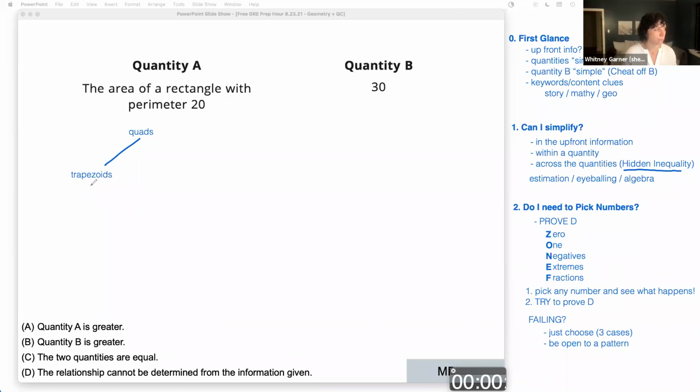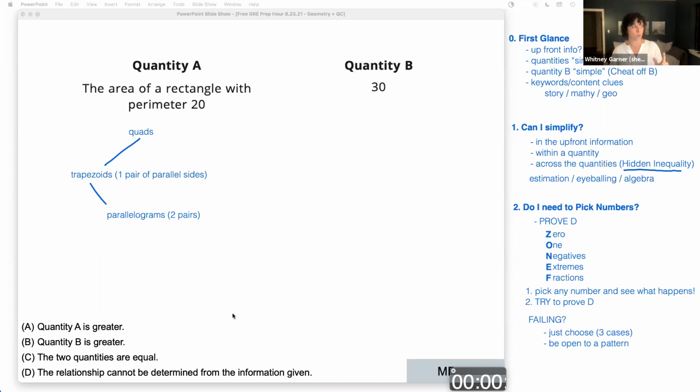Inside the trapezoids are parallelograms. So trapezoids have at least one pair of parallel sides. To be a parallelogram, I not only have to have one, I have to have two pairs of parallel sides. So a parallelogram technically is a trapezoid.